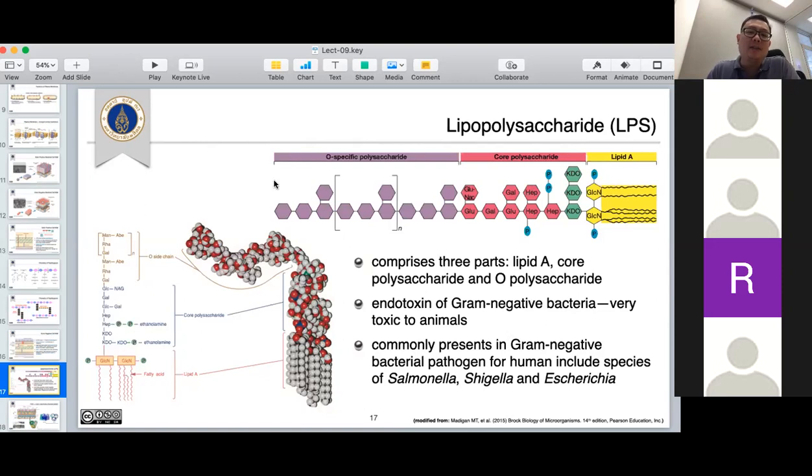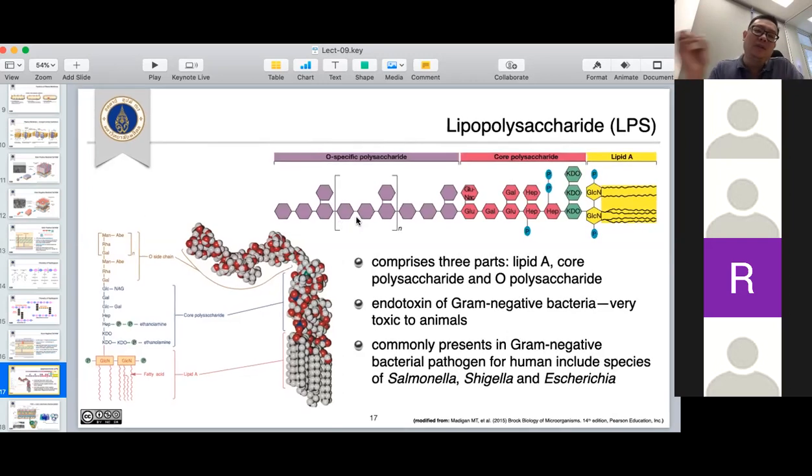But this part, which we call O-specific polysaccharide, varies from species to species or strain to strain. And this part is also the antigen of the bacteria because it projects out of the cells. It is located on the outer surface.